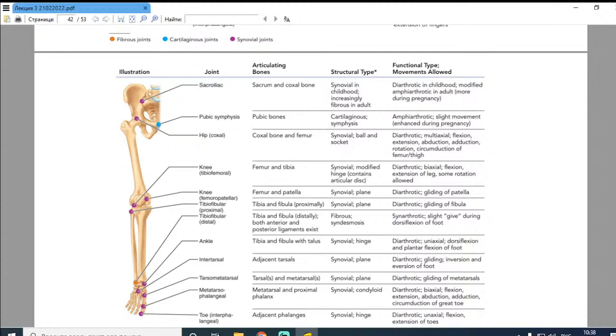Synovial line. For example, tibia and fibula with talus, synovial hinge, diarthrosis, uniaxial, and others. Many joints. You must know these joints.